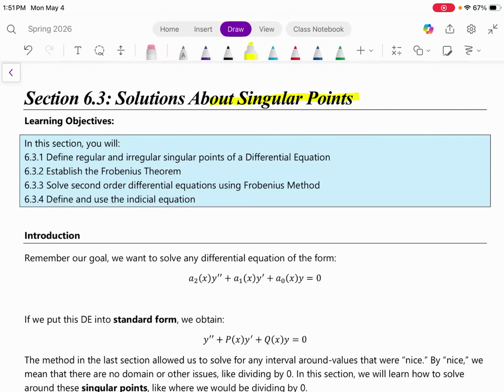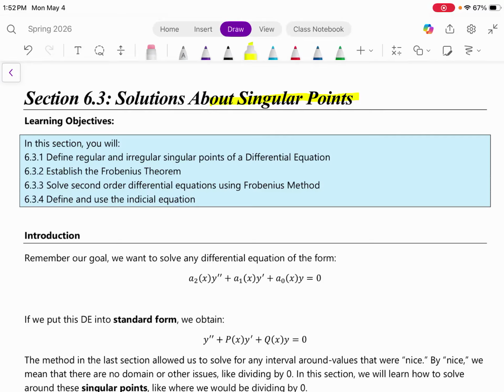If you recall from section 6.2, we were finding power series solutions about ordinary points, meaning nice values. Well, we're going to be able to solve differential equations with power series solutions about these not nice values, these specific x values that give us domain issues. So that's the goal for this section.